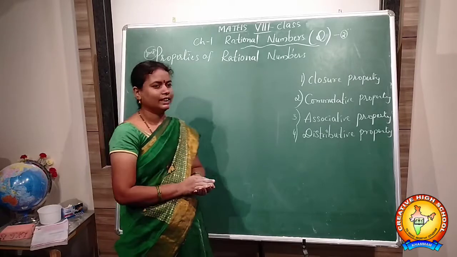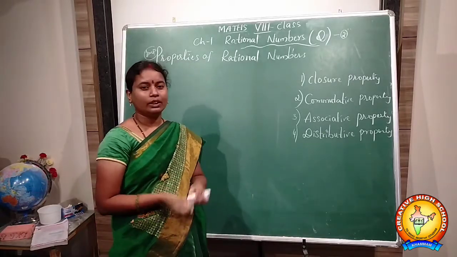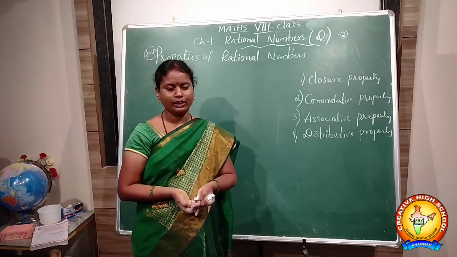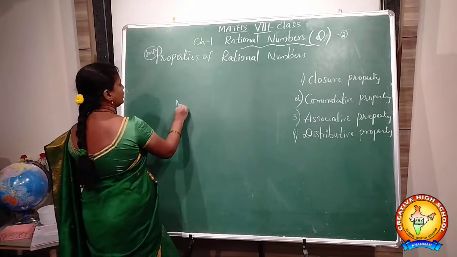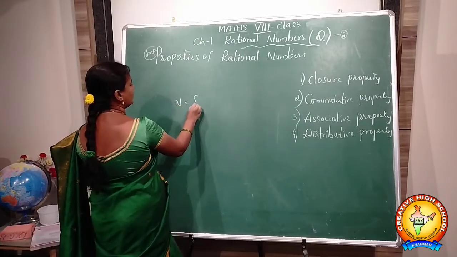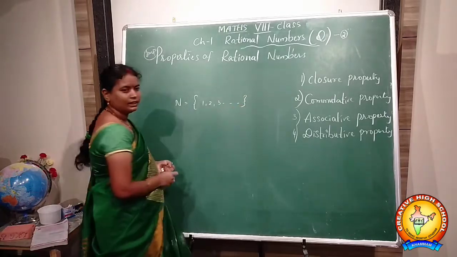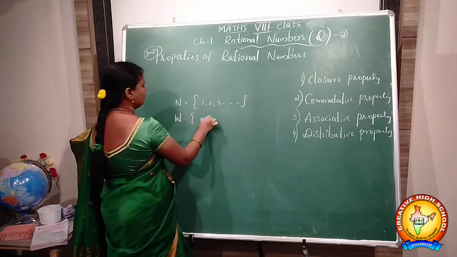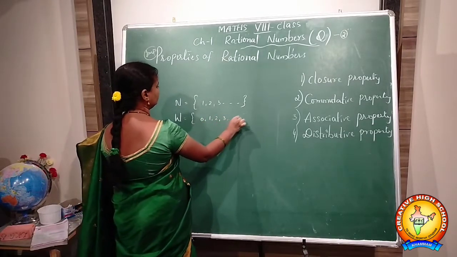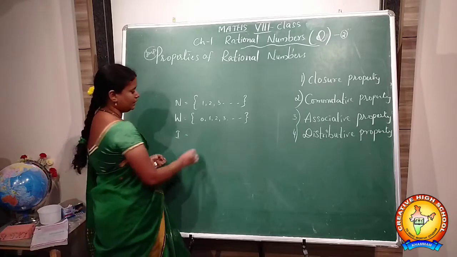Before that, let us again recall what are natural numbers, what are whole numbers, what are rational numbers. See here, natural numbers start from 1. Yes, and the whole numbers start from 0. Next, integers.